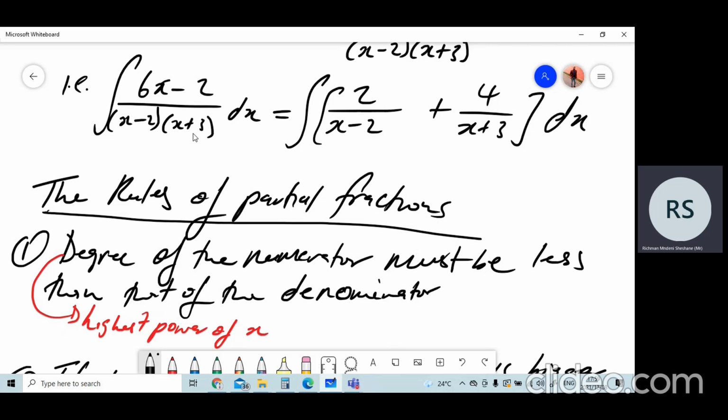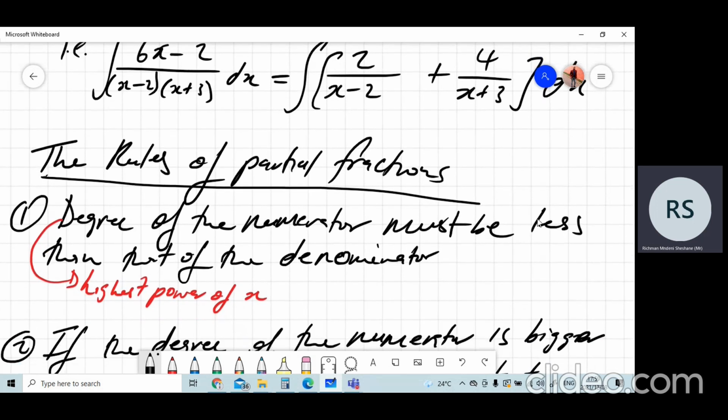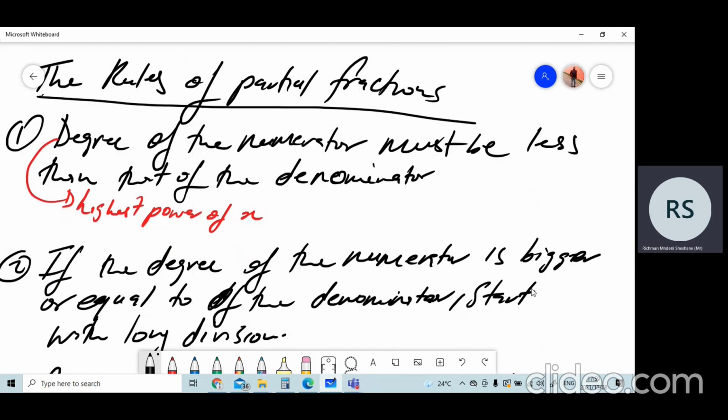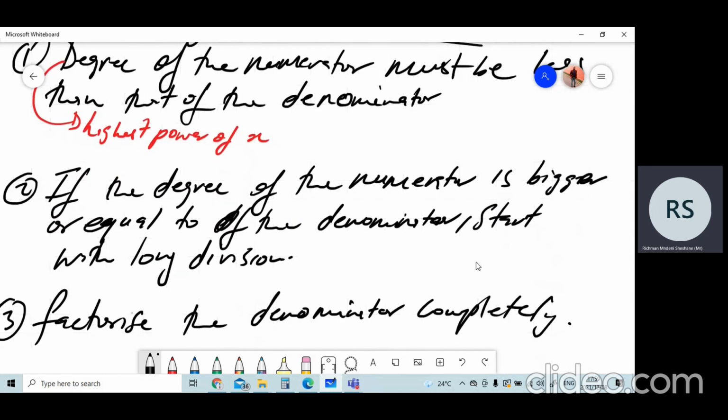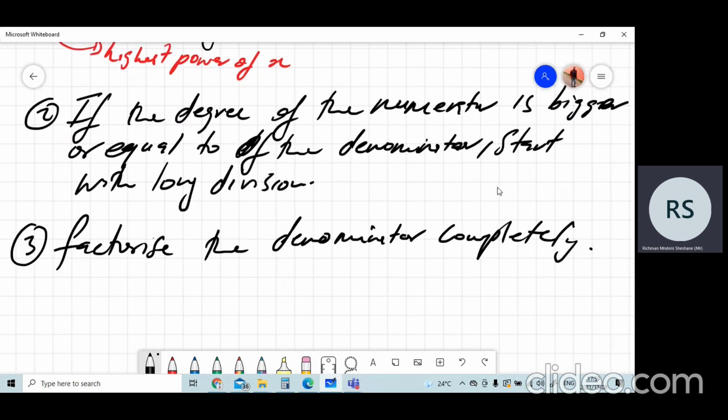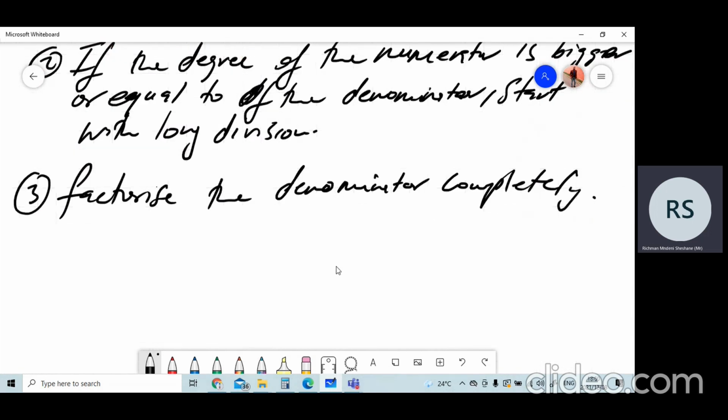Since it's linear, it will give you a constant over that linear. So you need to factorize your denominator completely, because the prime factors determine the shape of your partial fractions.